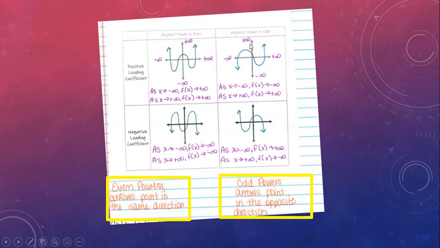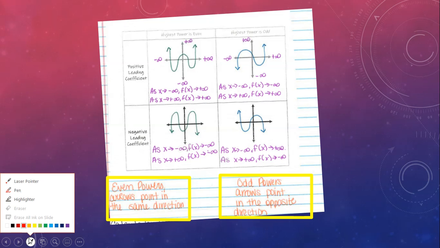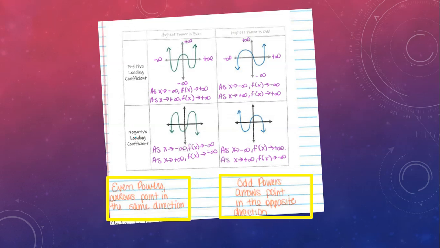So here's what my paper looks like. And I did notice, so adding underneath, is that the even powers, the arrows point in the same direction. So in this first column, it doesn't matter if the leading coefficient is positive or negative, the arrows point in the same direction, whether they're up or down.